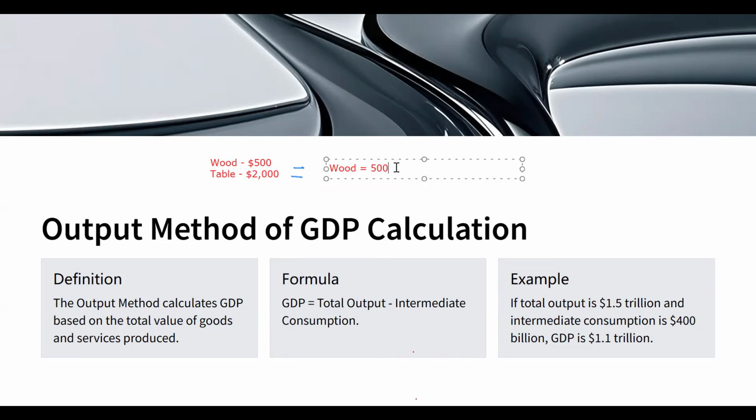So the table went from being worth 500 when it was just wood to 2,000, which means how much additional value did it get? Okay. 1,500. So I will add 1,500 to 500 to get the total output. That's what they mean when they say minus any intermediate goods or any intermediate consumption, because they wouldn't want me to count the same products twice.